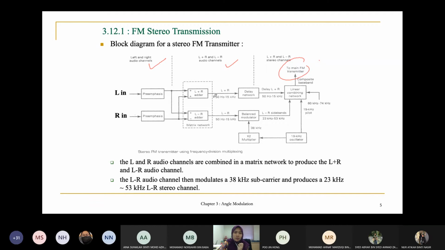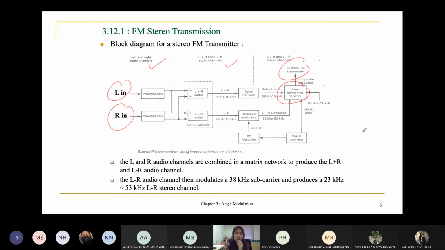Basically this is the process for FM stereo. You have the left input and the right input, and later on they will be combined for the transmission process. You don't have to go into detail on this, because it is not covered in your final.